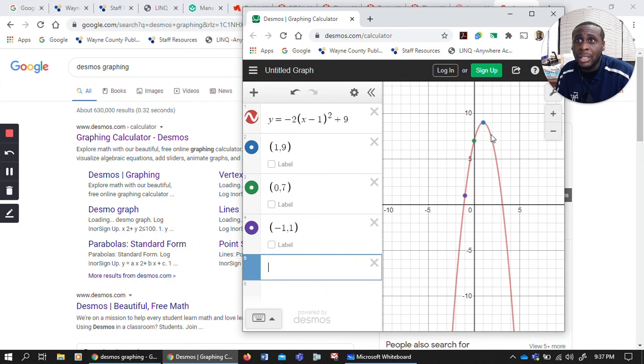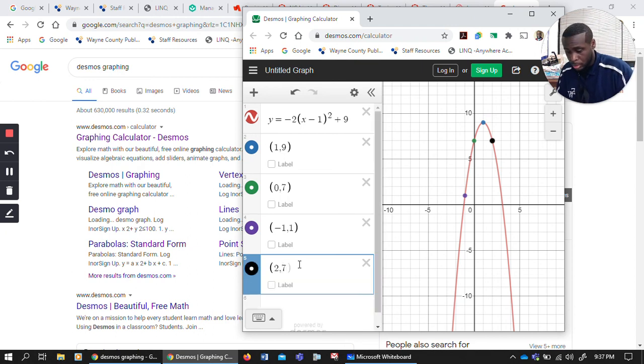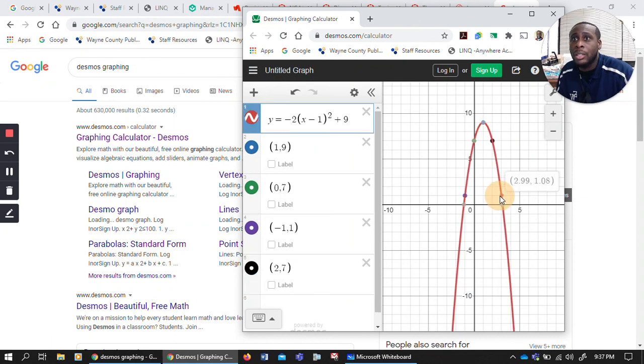That one is 2, 7, and the last one there is 3, 1.